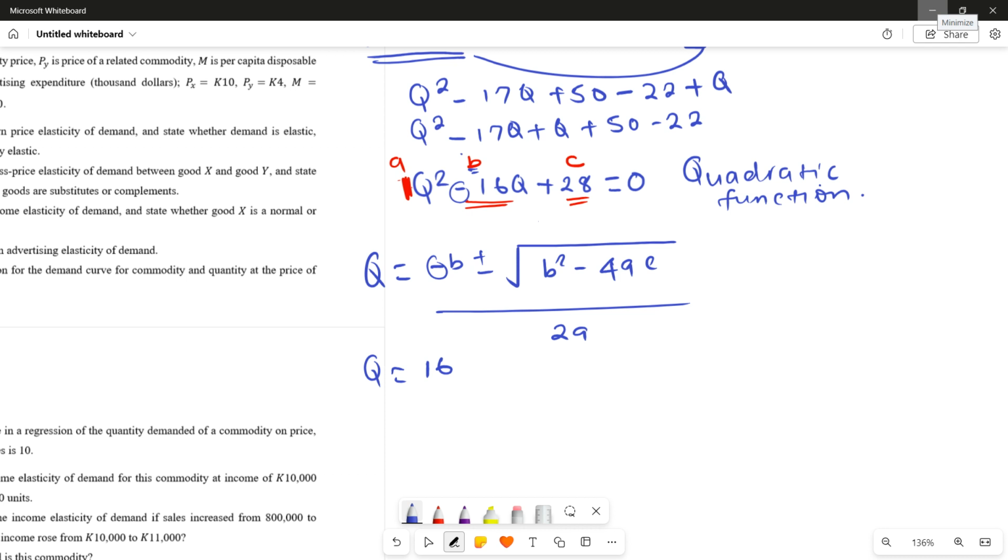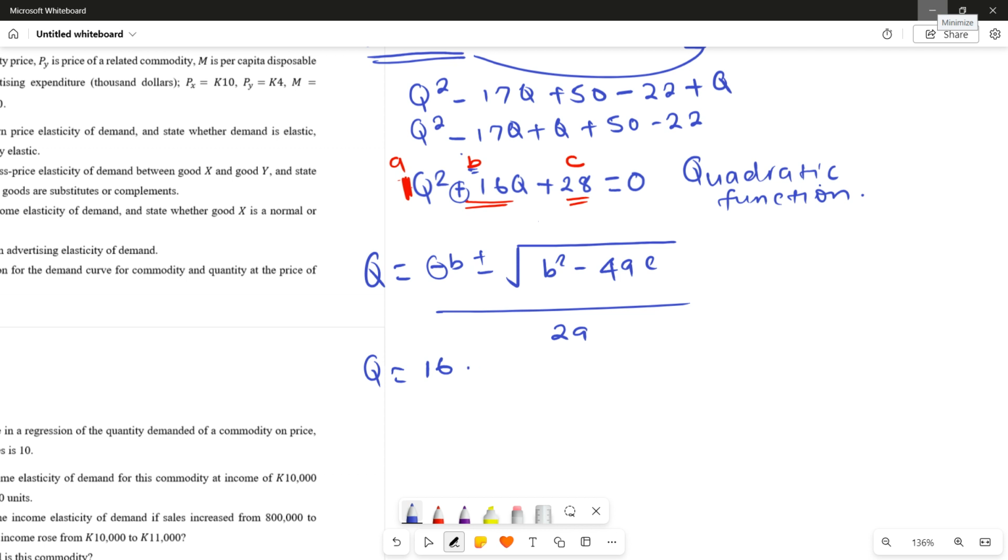If our b was positive 16, then we would have put negative 16 here, because that positive times this negative in the formula gives a negative. The moment you make just one mistake with the signs, everything will collapse. So please pay attention to the signs. Negative times positive, the answer is negative. Positive times positive, the answer is positive.